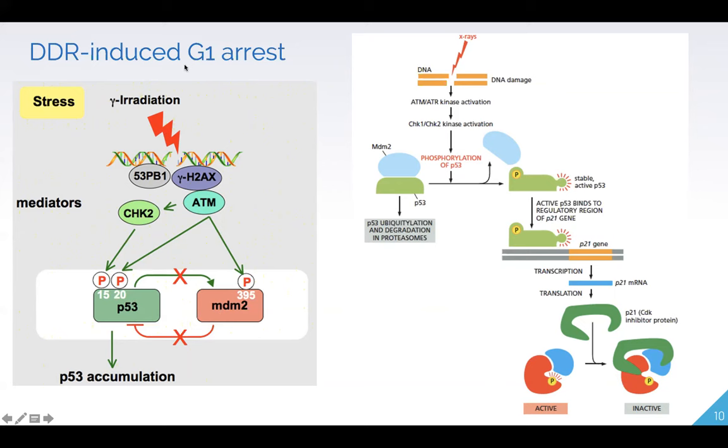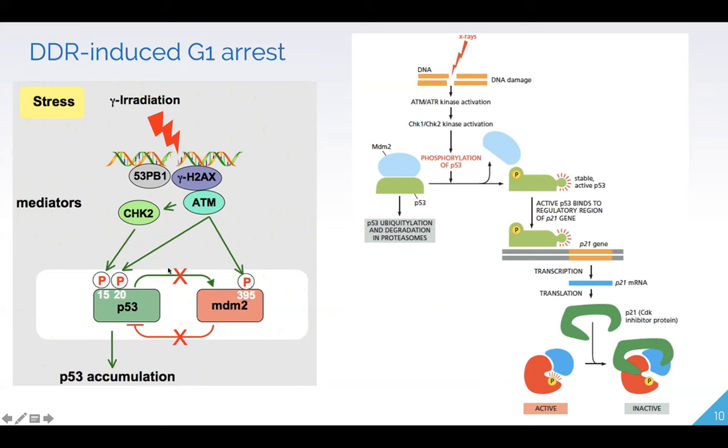In response to damage, however, P53 is phosphorylated at the N-terminus, both by ATM and by CHEK2. And MDM2 itself is also phosphorylated at residue 395. And both of these phosphorylation events disrupt this interaction.